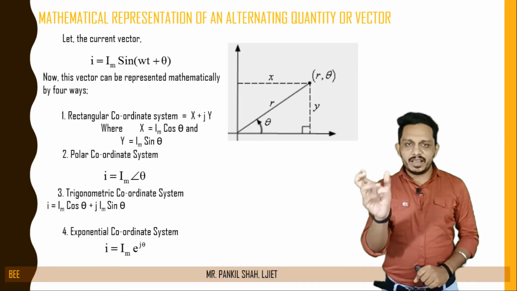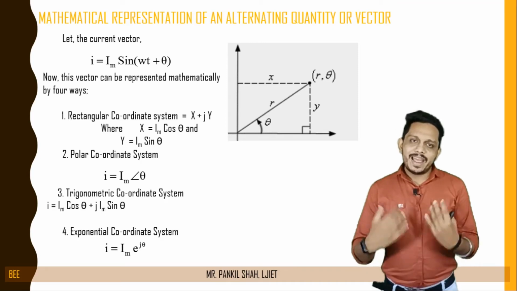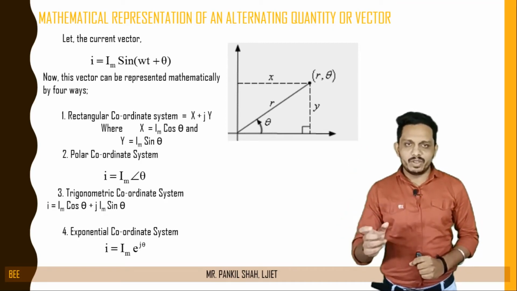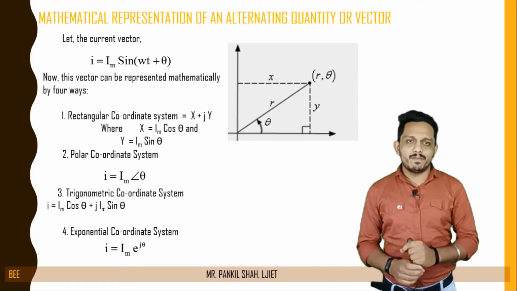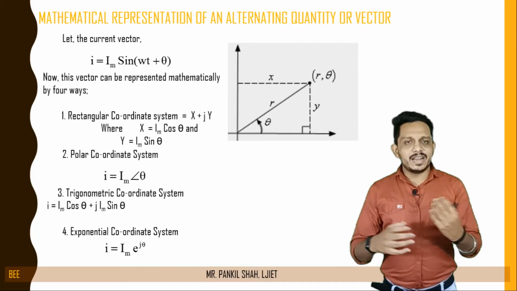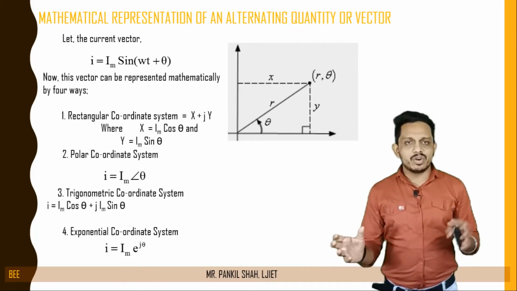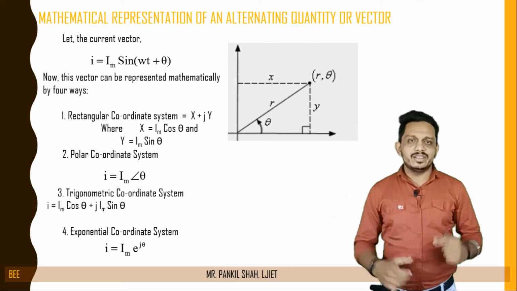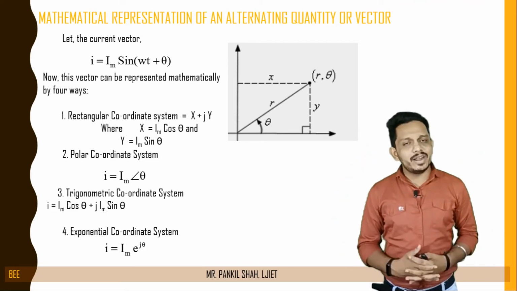So Im cos θ is the x part, that is the real part, and the y part can be found by Im sin θ. Im is the maximum value of the current and sin θ is the y component. So Im sin θ is your y component. So x and y have the values Im cos θ and Im sin θ.